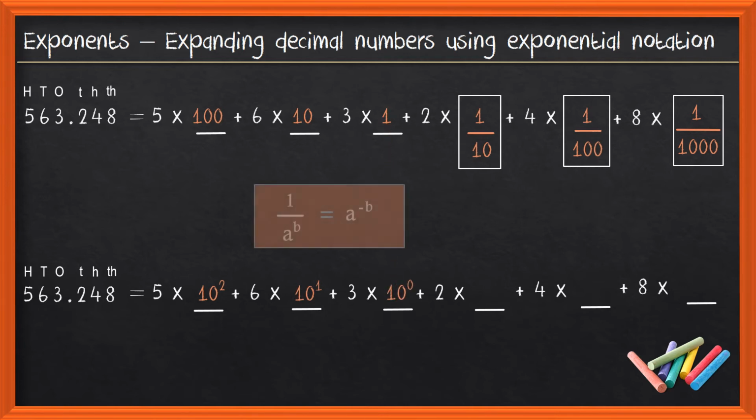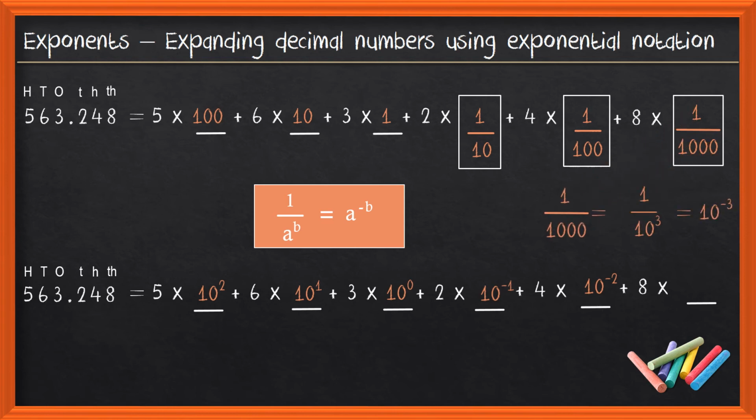And applying the property 1 by a to the power of b is equal to a to the power of negative b, we can write 1 by 10 as 10 raised to the power of negative 1. Similarly, 1 by 100, which is equal to 1 by 10 square, can be written as 10 raised to the power of negative 2. And 1 by 1000, which is equal to 1 by 10 cube, can be written as 10 raised to the power of negative 3.